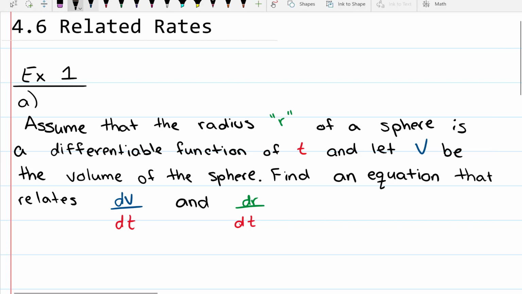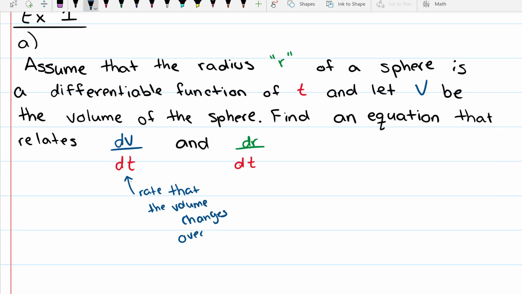So what this means, this right here is the rate that the volume changes over time, and this is the rate that the radius changes over time.